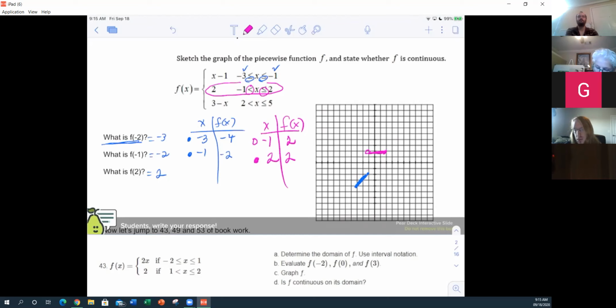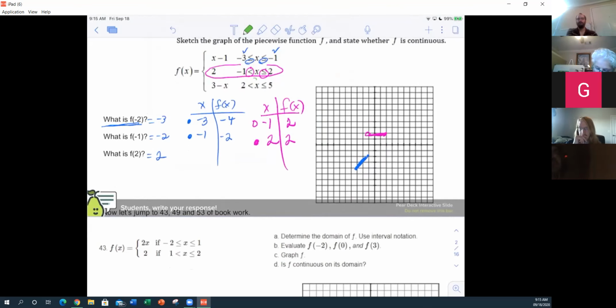And then finally, I'm going to look at the third piece. It goes from 2 to 5. Notice the 2 will have what kind of dot on it? It's going to have an open dot, right?